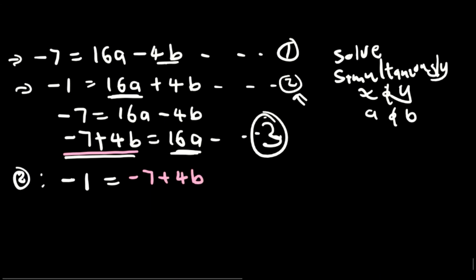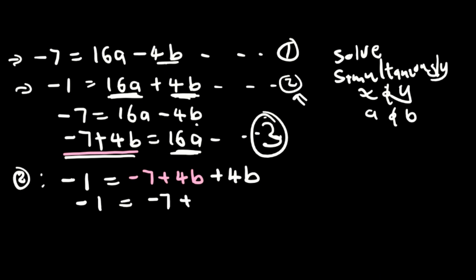And then we write the remaining part, because we substituted here. So now we're going to write the 4b. So it's going to be plus 4b. Then -1 = -7 + 4b + 4b, which is going to give you 8b.